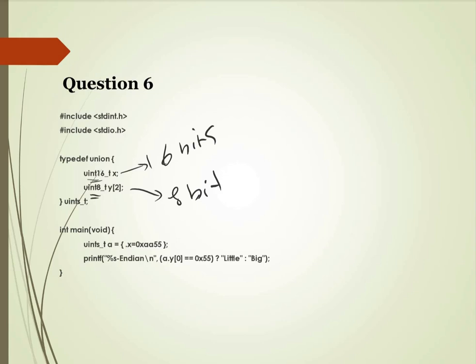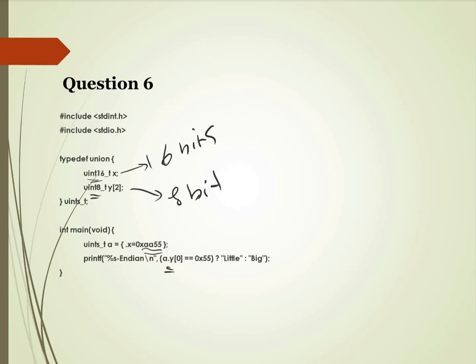So what we do is store multi-byte data in x, here for example 0xAA55. The only thing we need to do is compare y[0] to 55, which is the LSB of this multi-byte data. If it is equal, it means that it uses little endian.